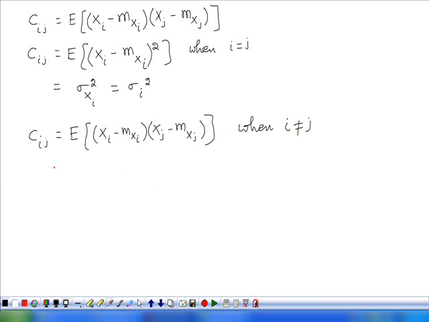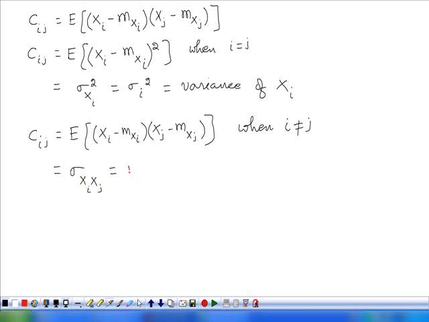So what do we call this? When i is equivalent to j, we call it the variance of the random variable xi. If i is not equivalent to j, then we call it the covariance of xi and xj. How do we represent covariance? Sigma xi xj.